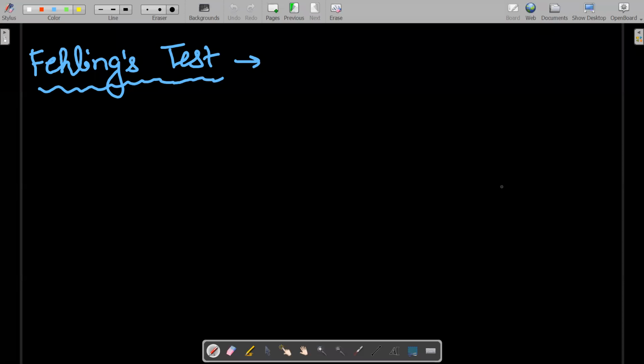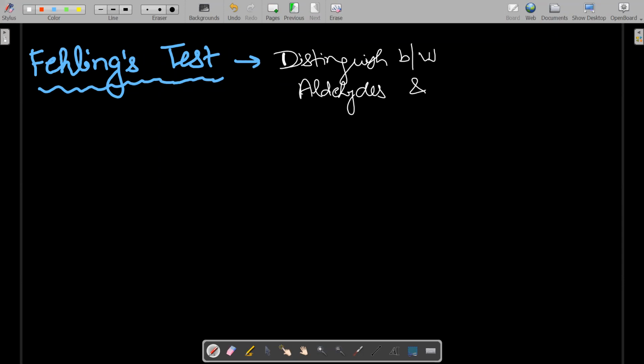So the second test is Fehling's test. This test is also used to distinguish between aldehydes and ketones.